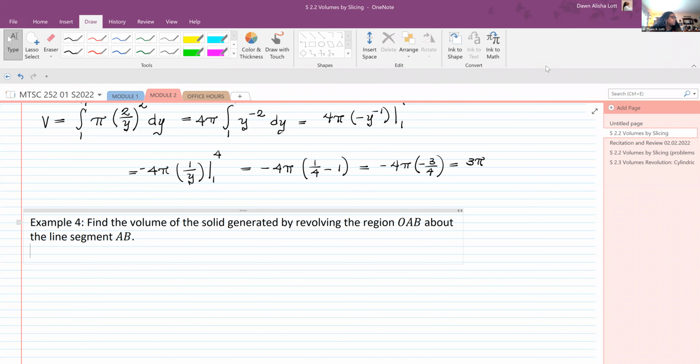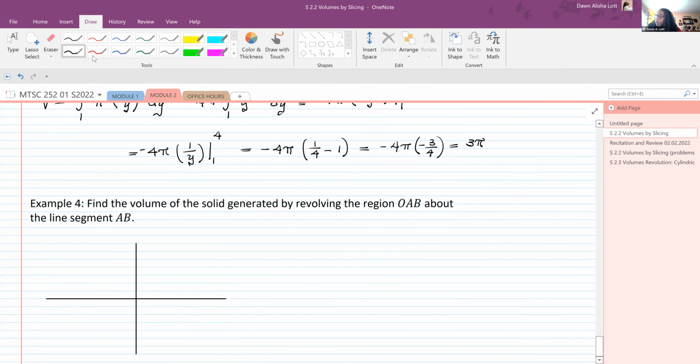Okay, so what is the region OAB? Well, let me draw it for you. So I'm going to draw the line y equals x squared, and this point is O. And then I want to draw a line.